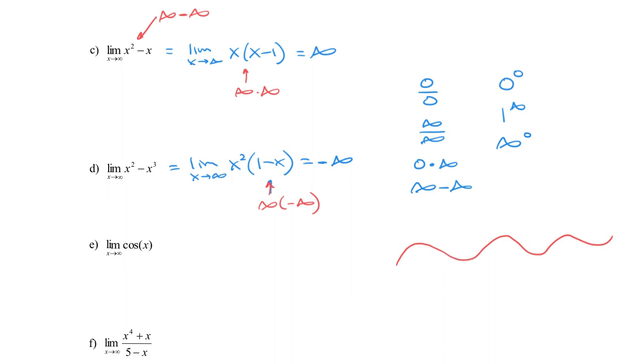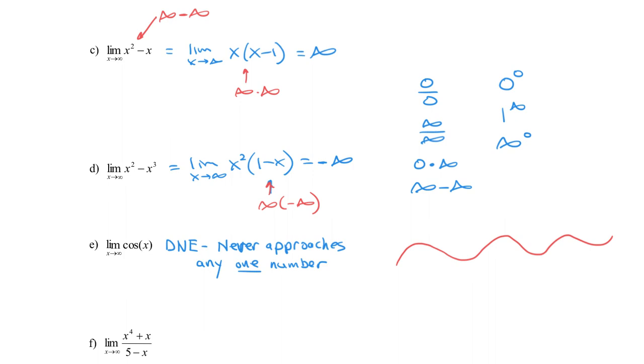Because of that, the limit as x approaches infinity of cosine of x does not exist. For a limit to exist, it has to actually approach a number L, right? This one just oscillates forever, never approaching any one number, so the limit does not exist.